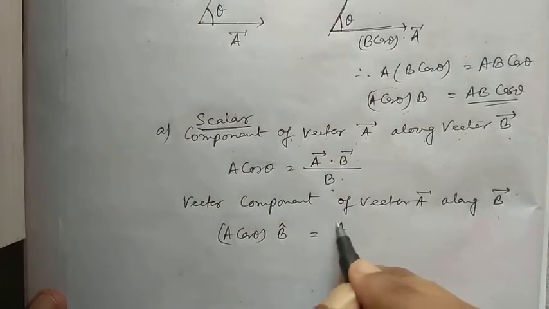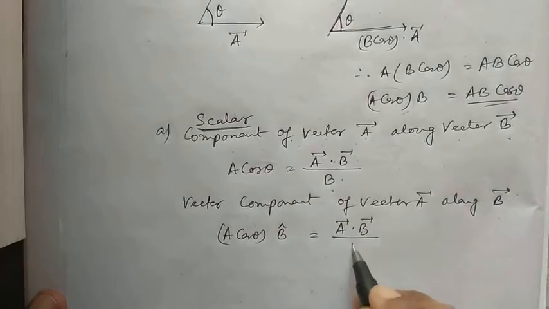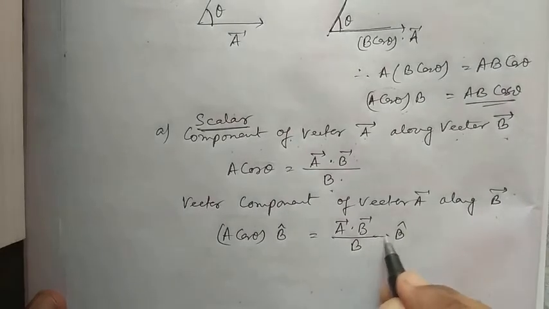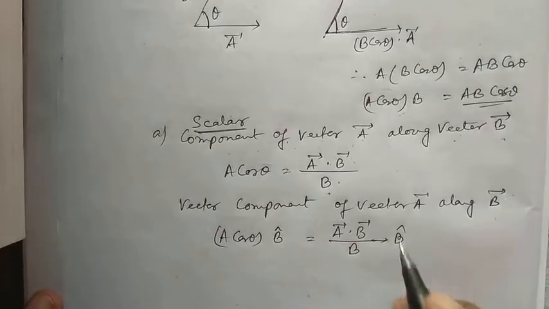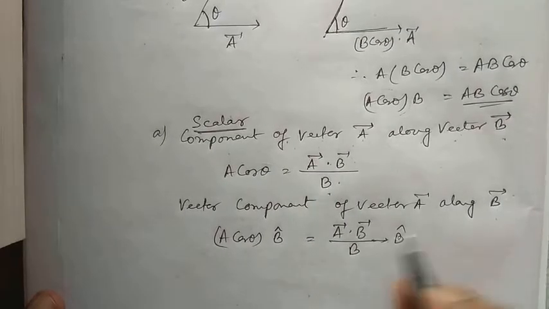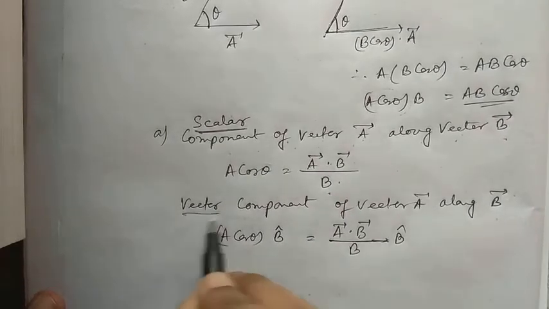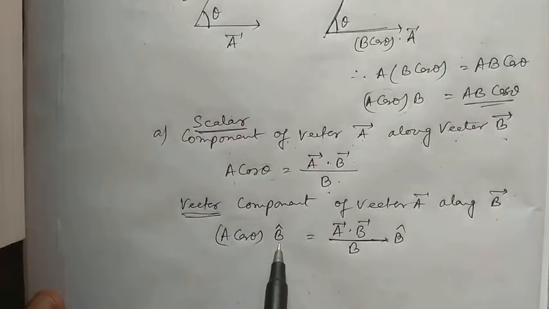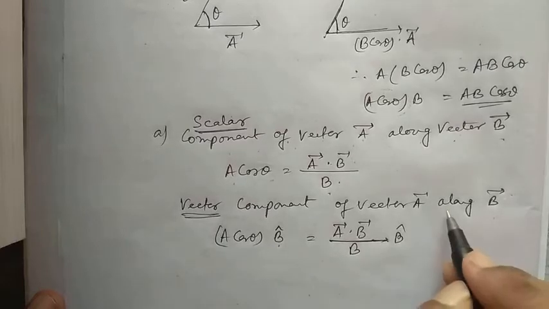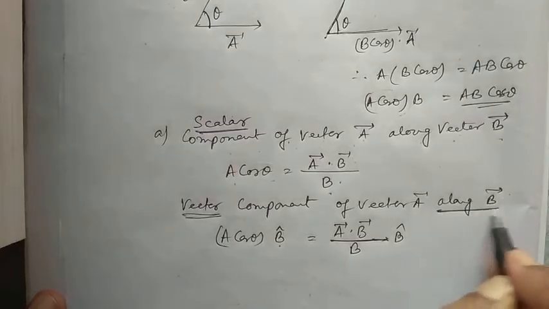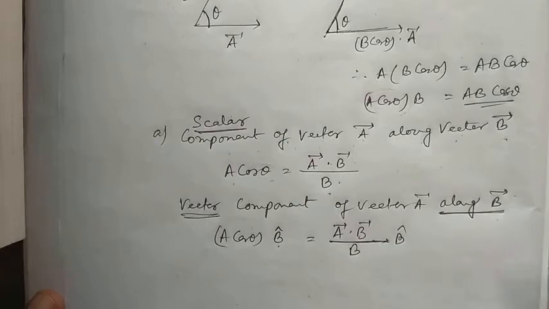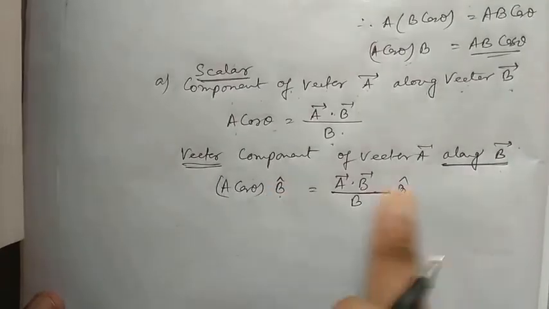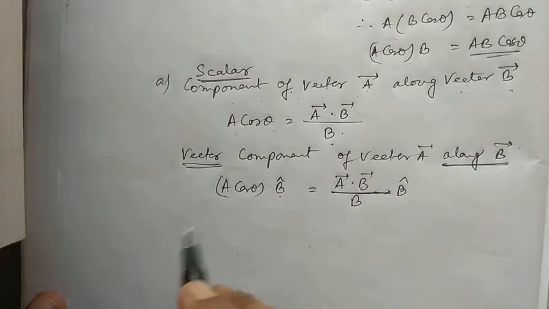We can write A vector dot B vector by B. Similarly, B cap multiplied on both sides results in the vector component. This is known as the scalar component, and if we multiply by the unit vector along B, which is B cap, on both sides, this results in this relation.